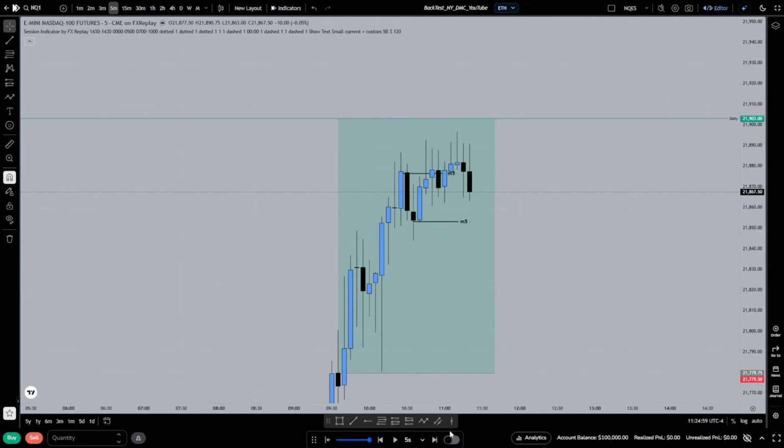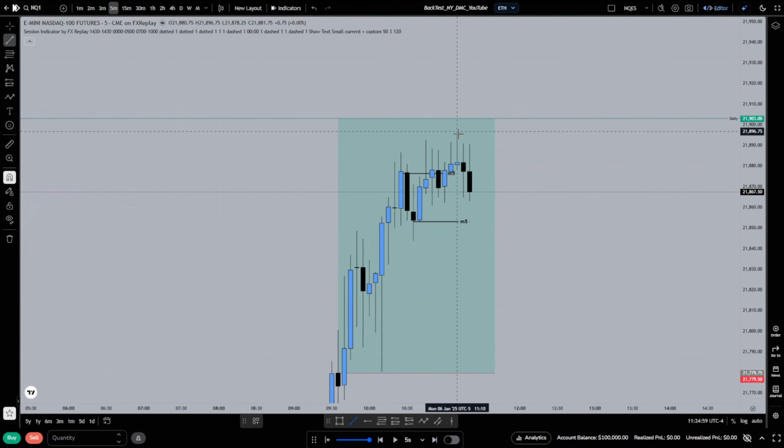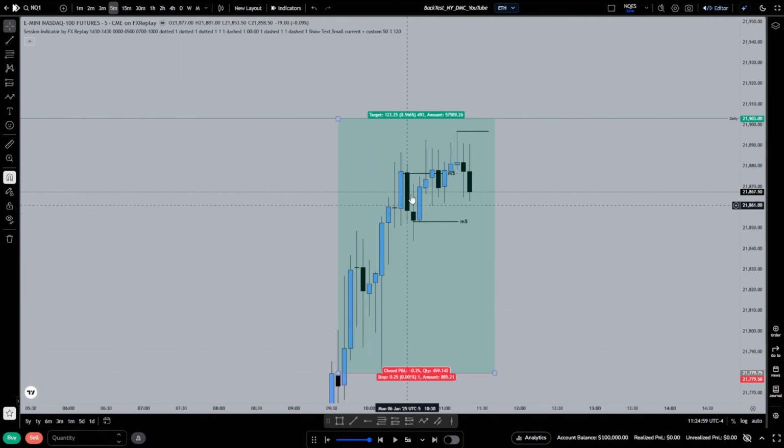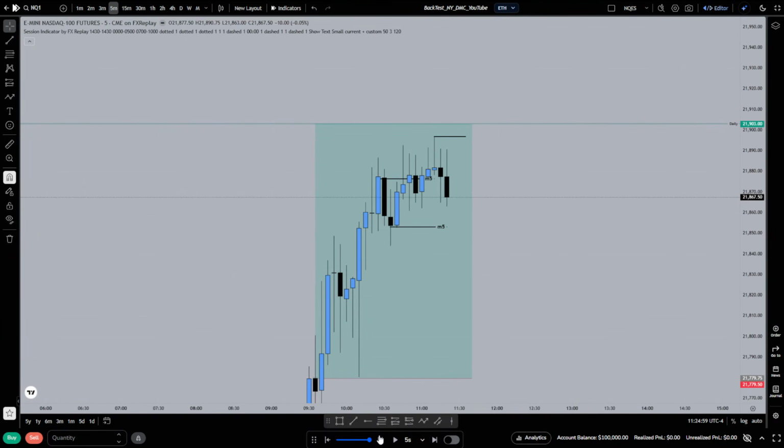So now we'll see if we can close above this high, or whether this is like a head and shoulder going down from this level now.